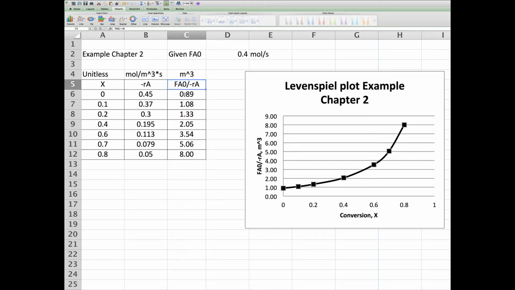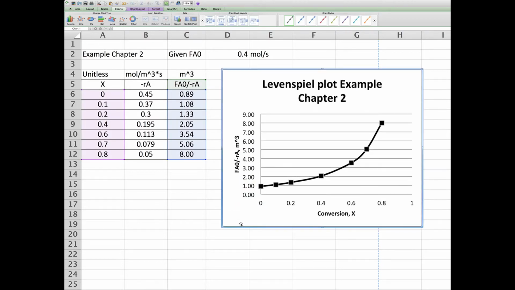However, this is just to speed up the process. I calculated the y-axis and then I graphed it out, and I created the Levenspiel plot for the example. So I'm going to be working with this graph and this data, so you will see it being called on different occasions in the upcoming examples.